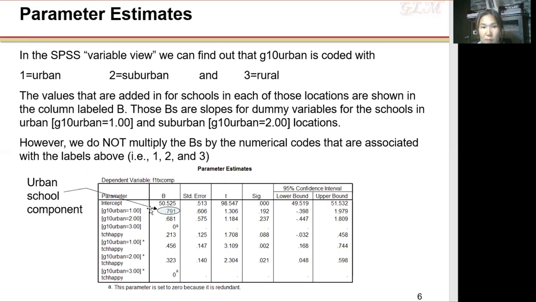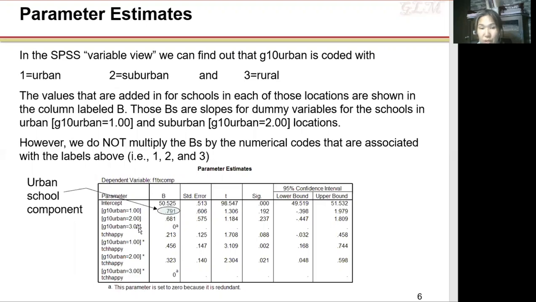Okay, the intercept is 50.525, and G10 urban 1 is urban, right? So 0.791. G10 urban 2 is suburban, 0.681, and G10 urban 3 is 0. So this is the reference group.